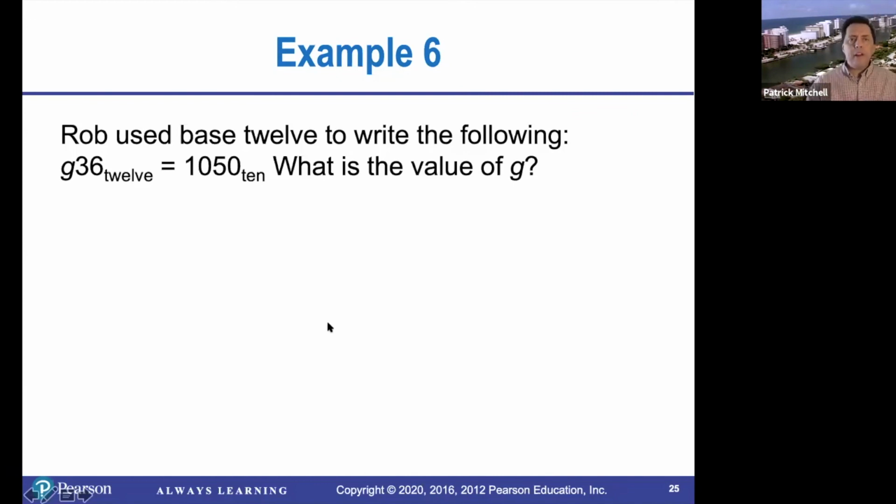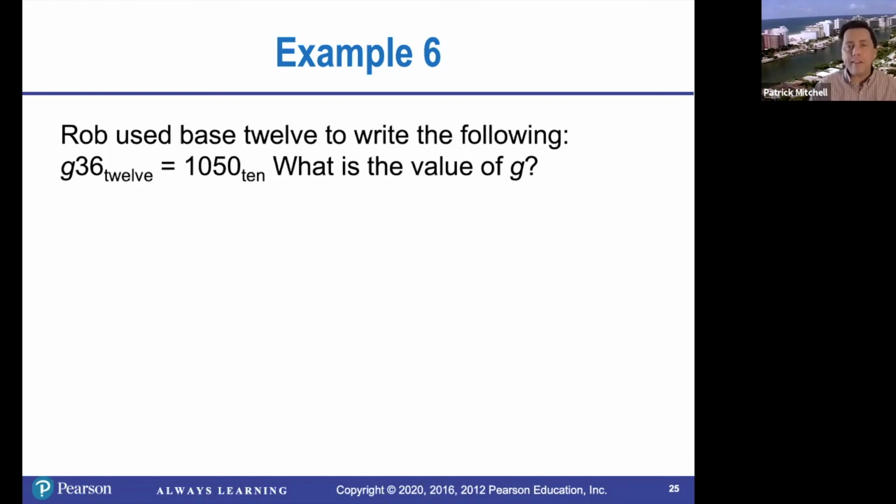Okay, and for the last example, Rob used base 12 to write the number G36. Please don't panic. G is not another digit in base 12 that I didn't tell you about. It represents a mystery unknown digit that we're going to figure out. The number G36 in base 12 is equal to the number 1,050.